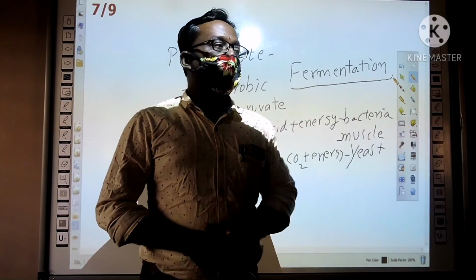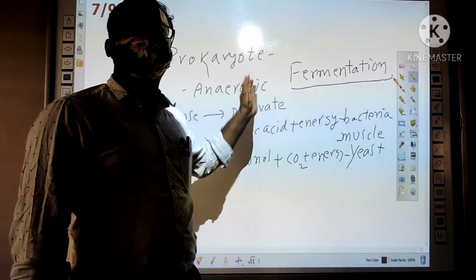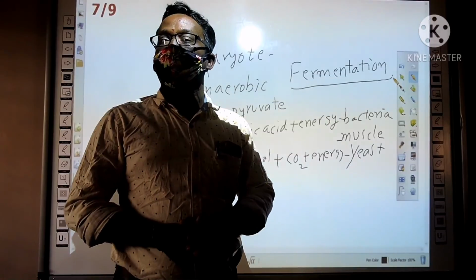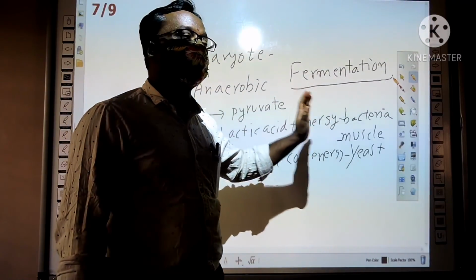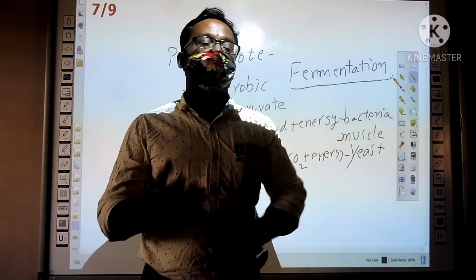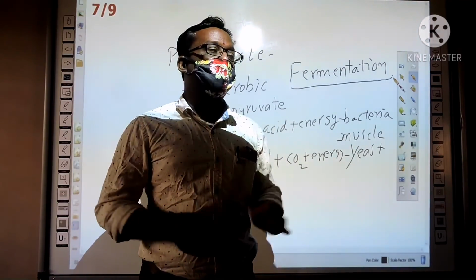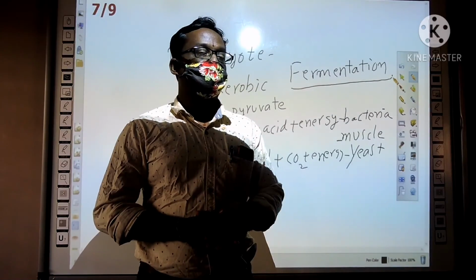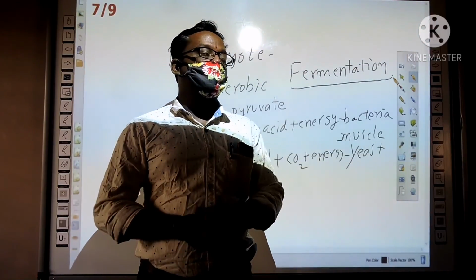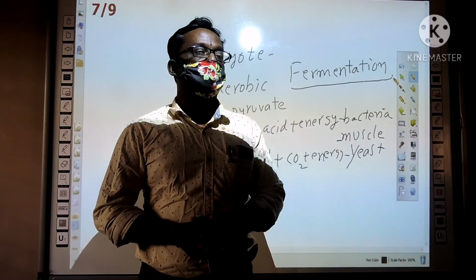And aerobic respiration occurs in all eukaryotes, and anaerobic respiration takes place in prokaryotes and in the muscles of mammals. These are the differences you can observe. In further classes, you will learn about how respiration goes on in plants. Okay?